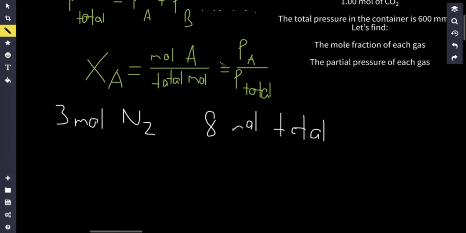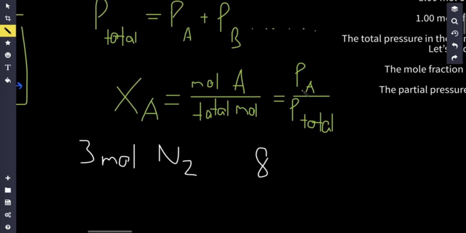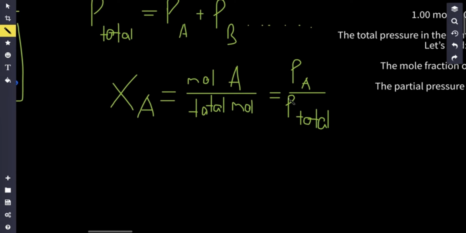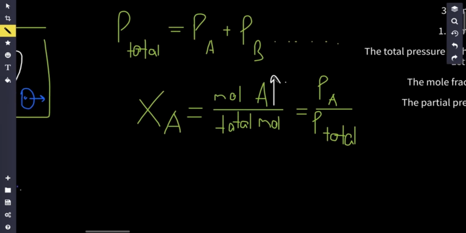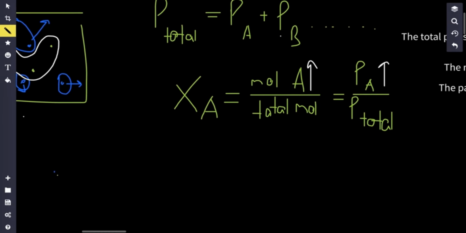Now, it also turns out that the amount of moles you have is going to be proportional to the amount of pressure it exerts. That kind of makes sense, right? The more moles of some gas that you have, the higher the pressure is going to be. This is Avogadro's law, which says that pressure is proportional to the amount of moles of that gas.